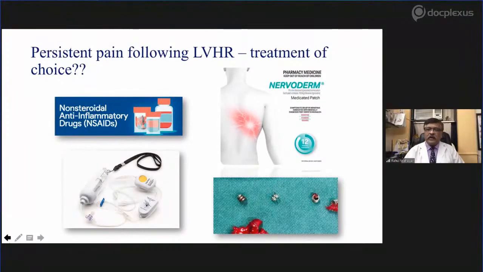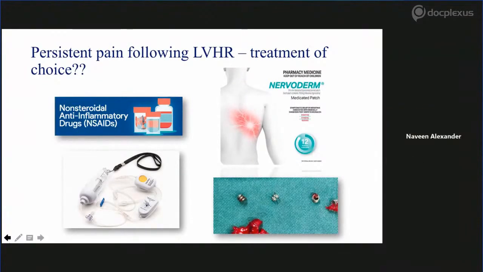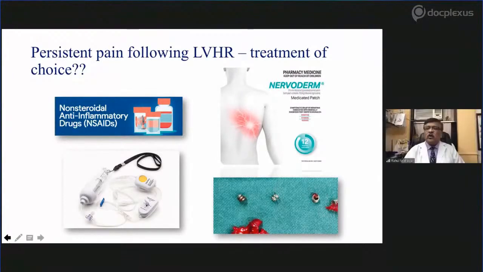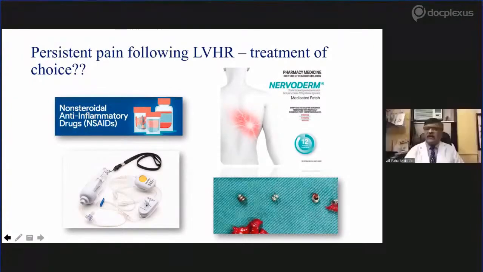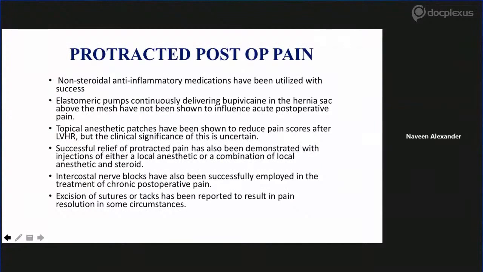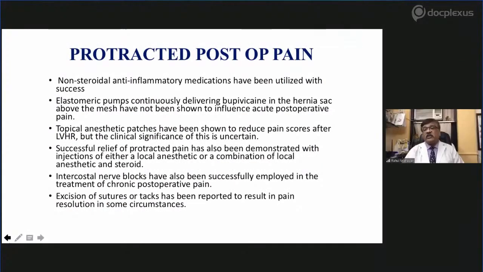For the transfascial sutures, you can do local injections of local anesthetic as well. If the patient is having intolerable pain, then you can look at pain management for those particular things. And very rarely you remove the tack, if the permanent tack is there and is causing the problem.